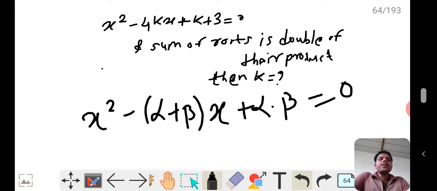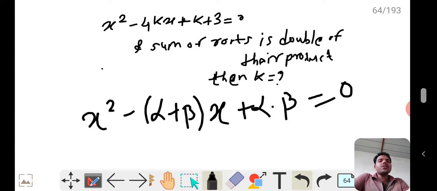By comparing this with our equation, we get alpha plus beta is equal to 4k and alpha into beta is equal to k plus 3. Here the sum of roots, that is alpha plus beta, is double their product. The product means alpha into beta.